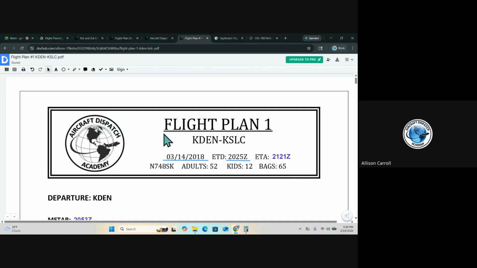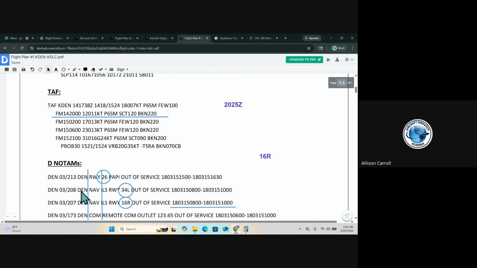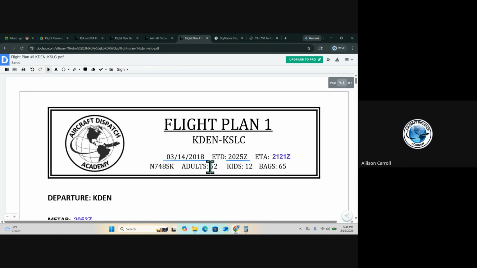Your practical, the DADEs have different flight plans. It's going to look pretty much exactly the same. Obviously, the content's just going to be a little bit different, but the structure of the flight plan is going to be the same, so it's not going to be a surprise. You're not going to look at their flight plan and think, oh my gosh, I don't know what I'm looking at. They're still going to give you the most current METARs, the TAF, NOTAMs, the MELs, all the stuff that you need.